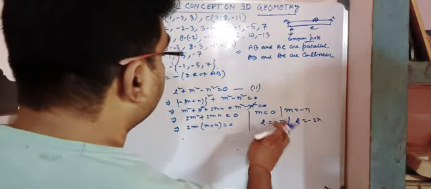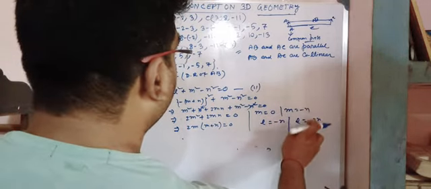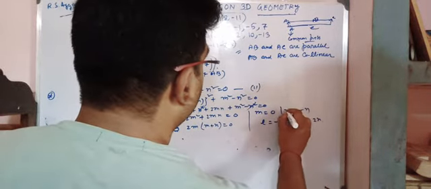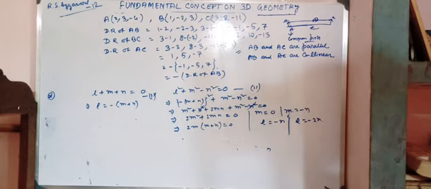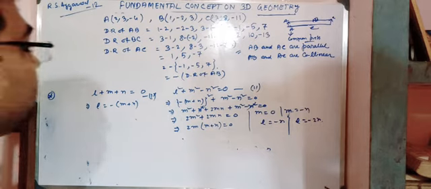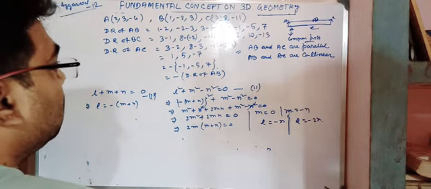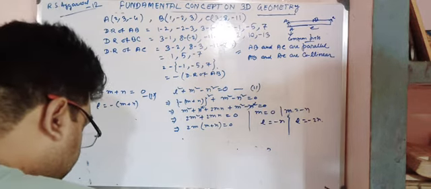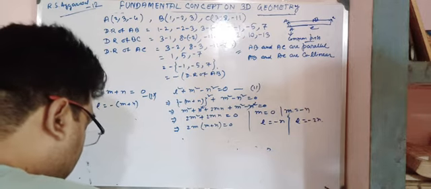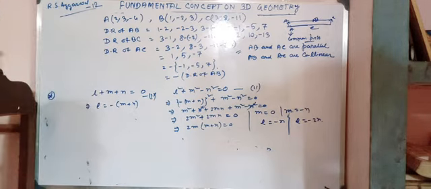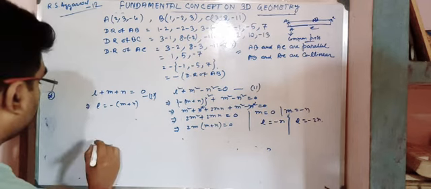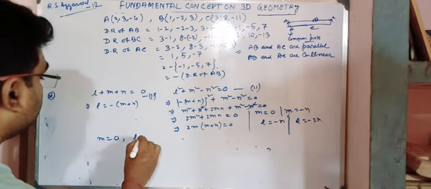Now when m = 0, l = -n. So from here, m = 0 and l = -n.